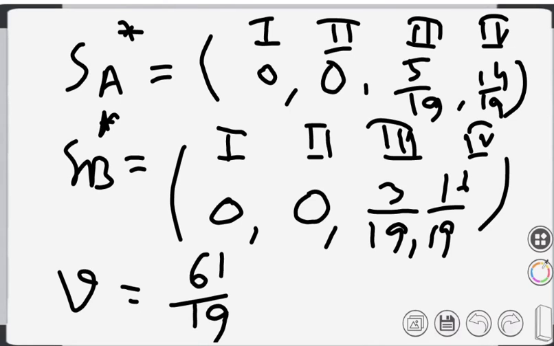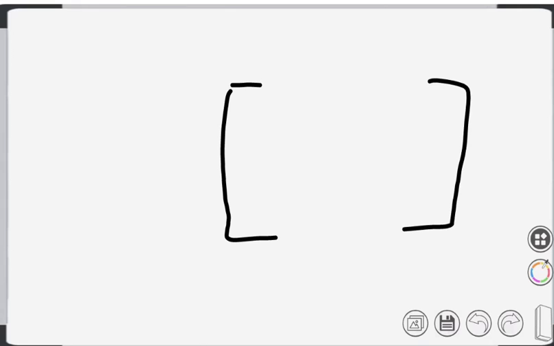Now please try this. I'm giving another problem, please try this and do it quickly. This is also a 4 cross 4 matrix. Row 1: 1, 2, 3, minus 1. Row 2: 2, 2, 1, 5.